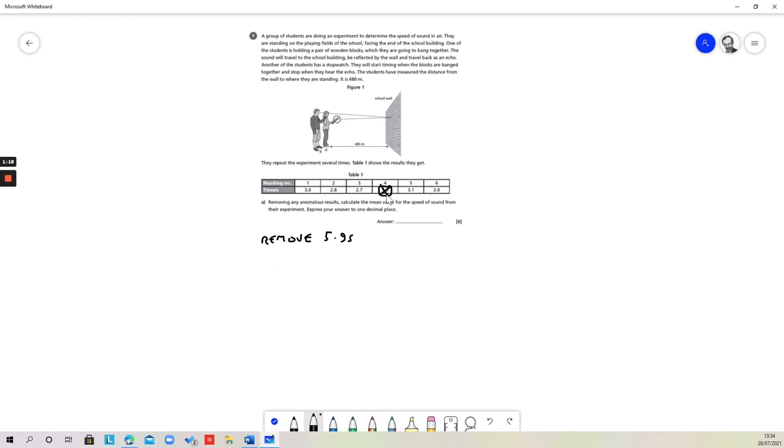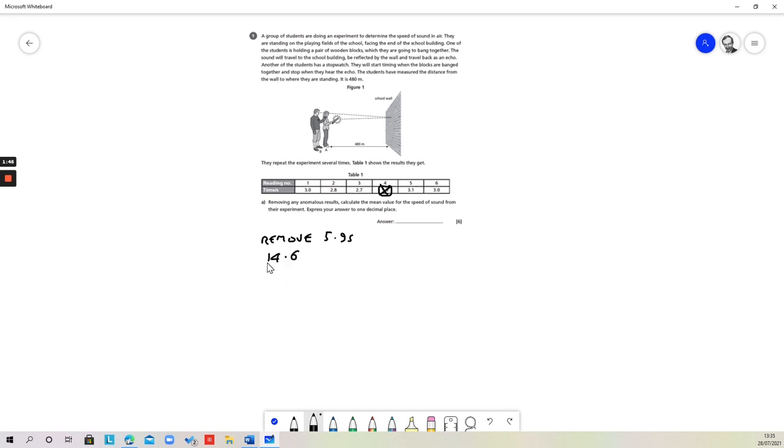Okay, what we're now going to do is to process the other results. So we've got the other 5 readings which we're going to use, and we need to find the mean of those 5 values. So what's happening there is that we need to add those up. So if we add 3.0, 2.8, 2.7, 3.1 and 3.0, then that gives us a total of 14.6.